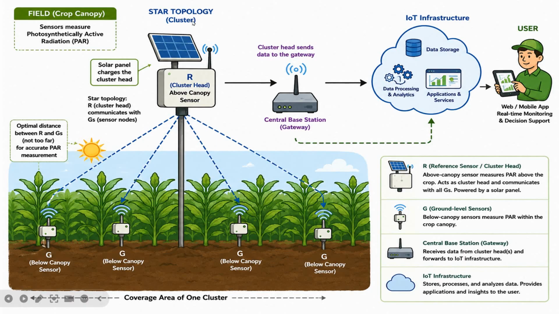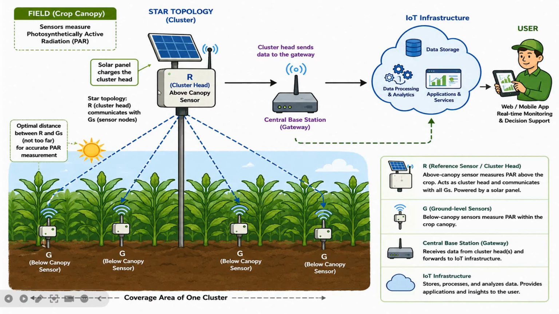Now the sensors are connected in a star topology. Okay, so here all the G sensors connect directly with the R sensor. Since the R sensor serves as the cluster head and performs an additional communication task, it is powered by a solar panel, ensuring continuous operation in the field.